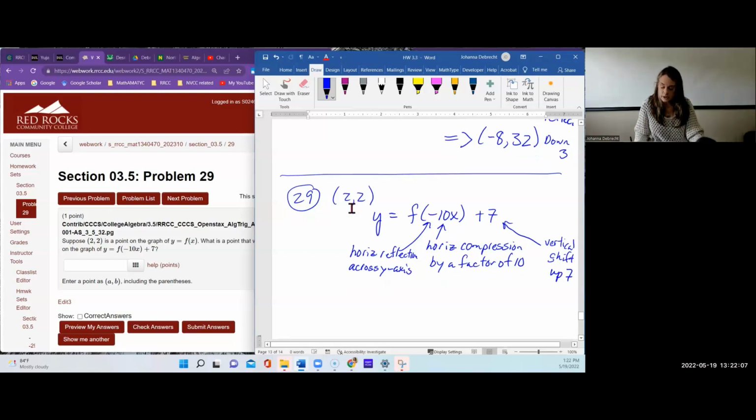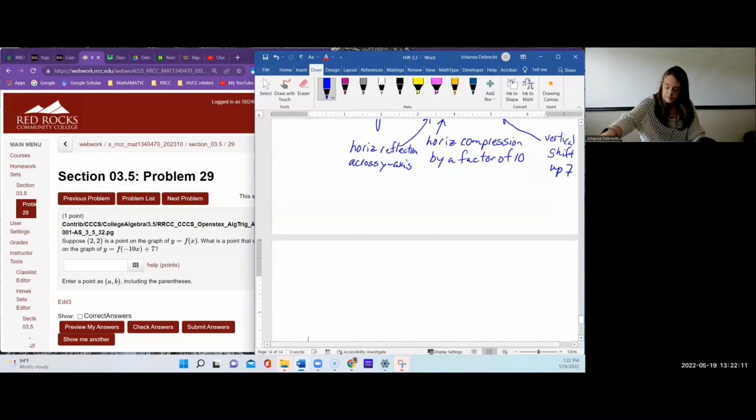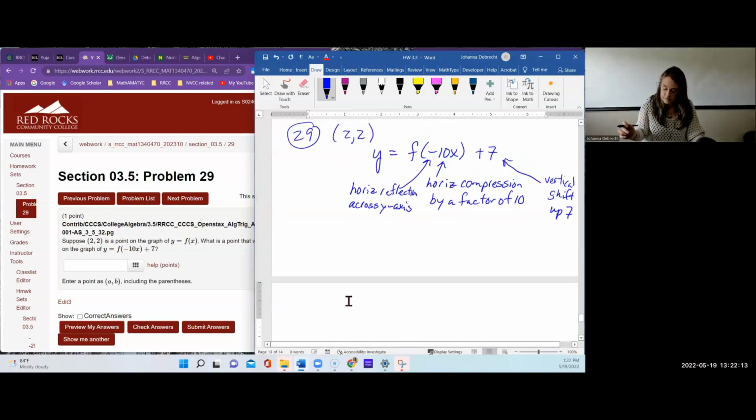Let's now take the point and transform it one step at a time. The first thing we want to do is the horizontal compression by a factor of 10. It's the closest to the x. So 2 gets transformed. I take the x component and I divide by 10.